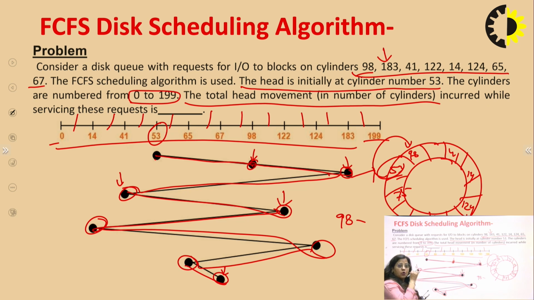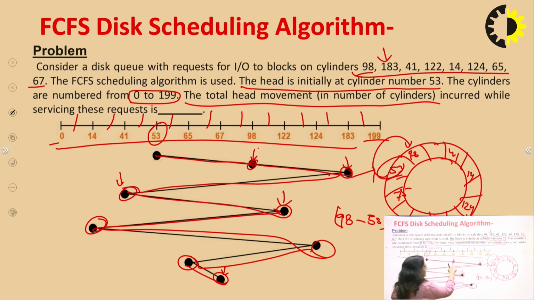But how do we calculate the total head movement? You just subtract the beginning from the destination. The first destination is 98, so 98 minus 53.